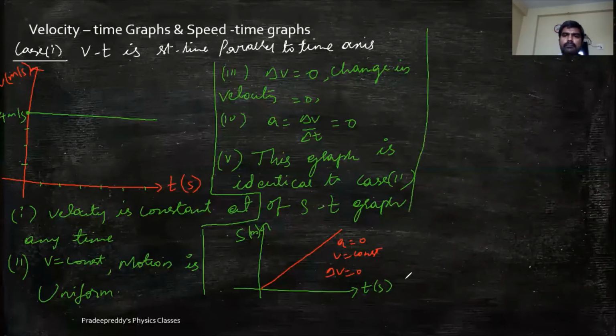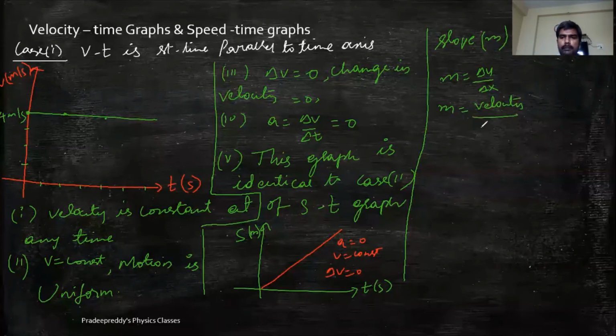Next, you can calculate the slope M for this graph. Slope M is equal to delta Y divided by delta X, that means the Y component divided by the X component. You take any 2 points on the graph. So M is equal to delta y by delta x, where delta y is velocity and delta x is time.